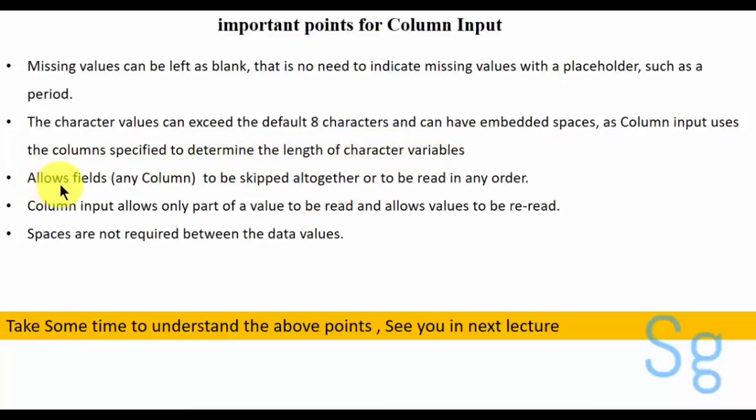It also allows fields, that is, columns, to be skipped altogether or to be read in any order. Column input allows only part of a value to be read and allows a value to be reread as well. Spaces are not required between the data values. Well, take some time to understand the above points. See you in the next lecture.